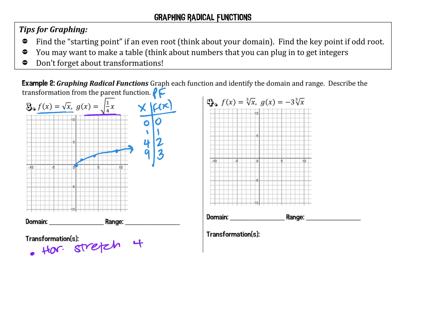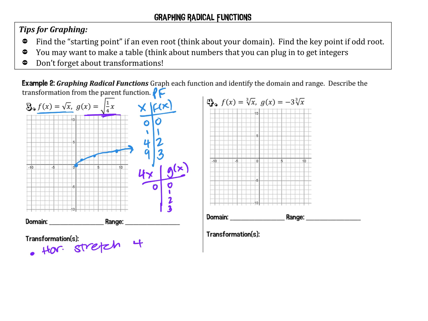That's the only transformation that's happening, the only difference from this function to the first one. So what does that mean I'm doing? It means I'm taking each of my x values and multiplying them all by 4 to get the same output values. So I'm going to take 4 and multiply it by x, and that will give me all of my g of x values. My outputs will be the same, but I'm going to multiply by 4.